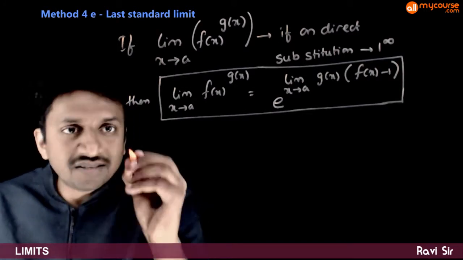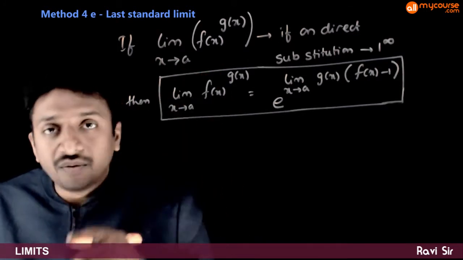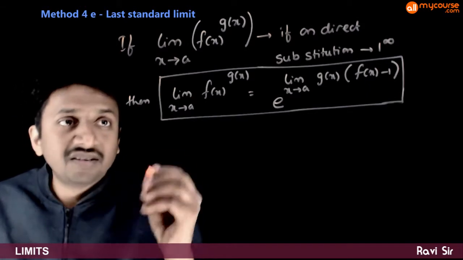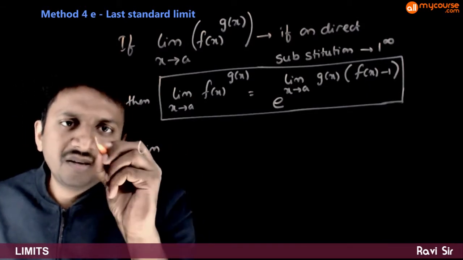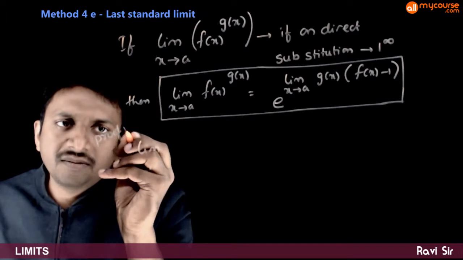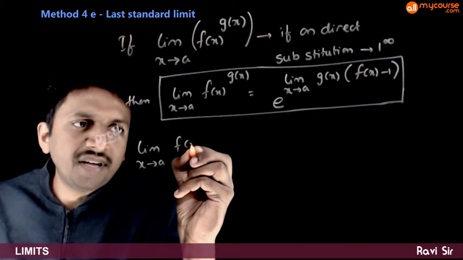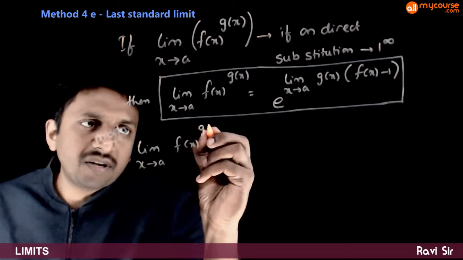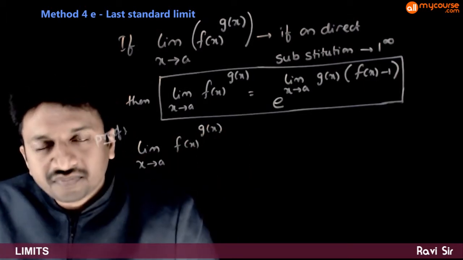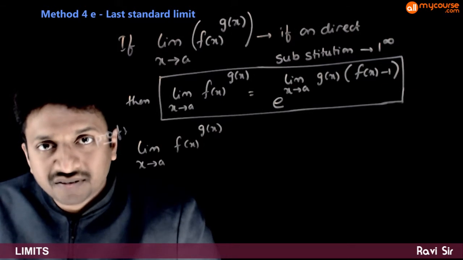So how do we get this? Let us try to see how we can get this. Limit x tends to a, f(x) power g(x), right?